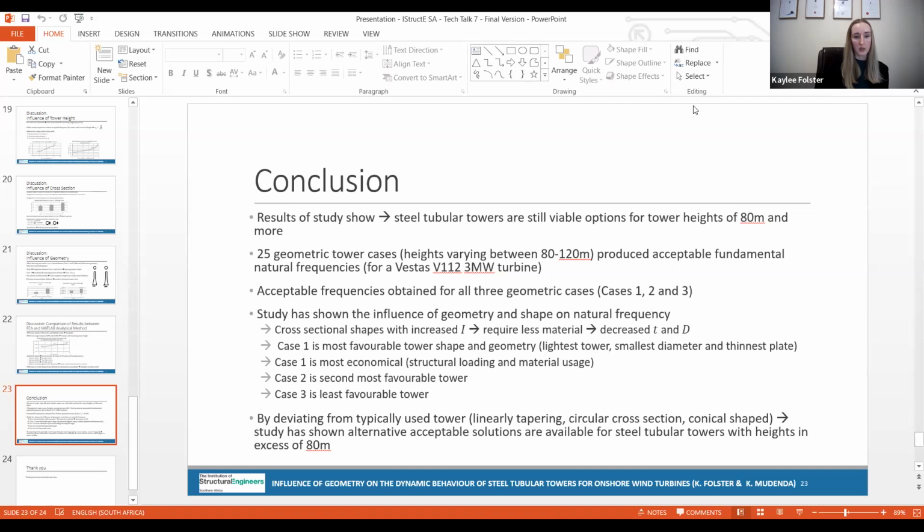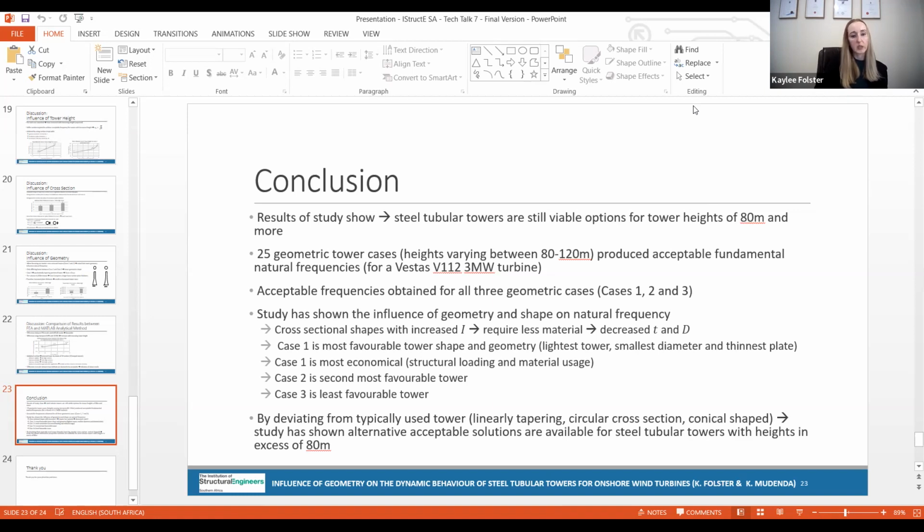So what we find is that case 1, the octagonal shaped tower, tends to be your most favorable because it ends up being more economical, both in terms of structural loading, it's the lightest tower, and in terms of cost and material usage, because you're able to make use of smaller plate thicknesses and smaller diameters. Then case 2 is your second most favorable type of tower. And then lastly, case 3 is considered to be the least favorable type of tower.